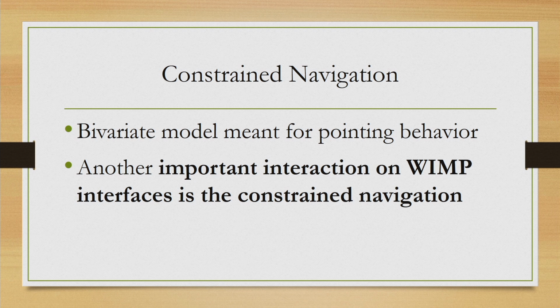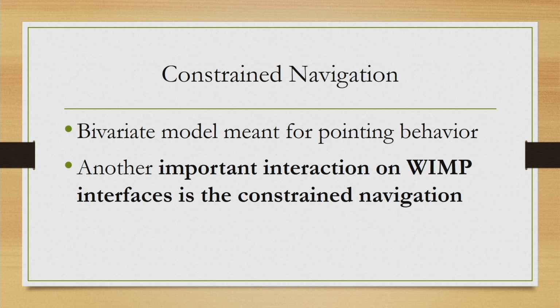However, pointing is not the only activity that we perform with a WIMP interface. In fact, another popular activity that is typically performed on WIMP interfaces are the constrained navigational tasks or activities.